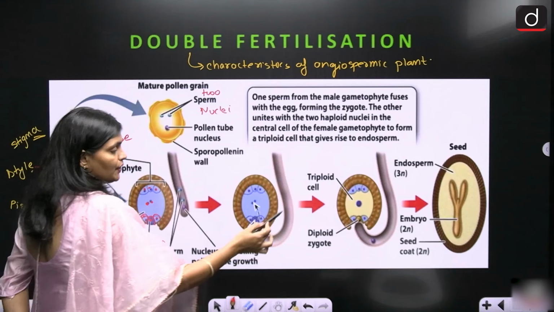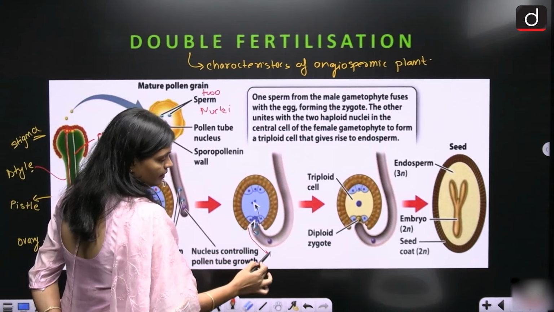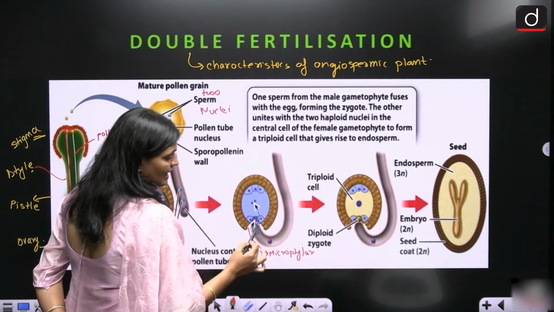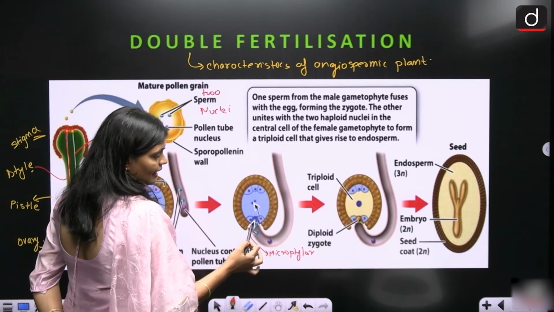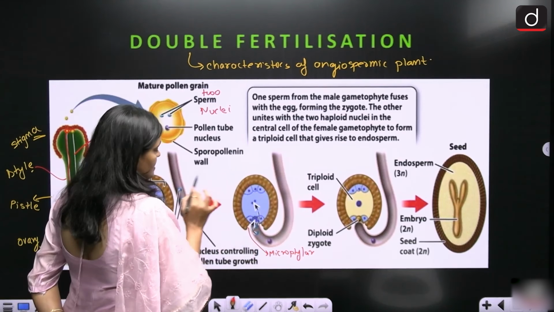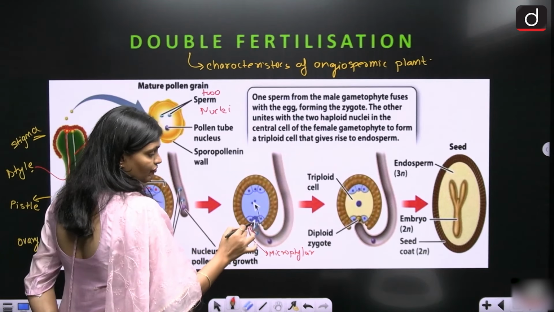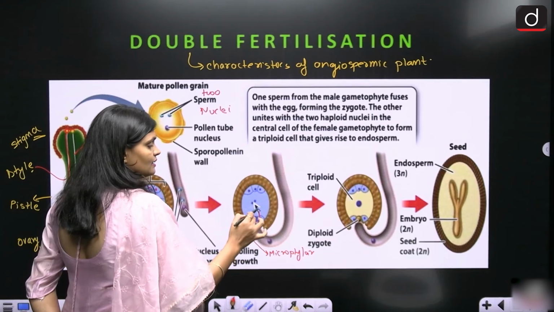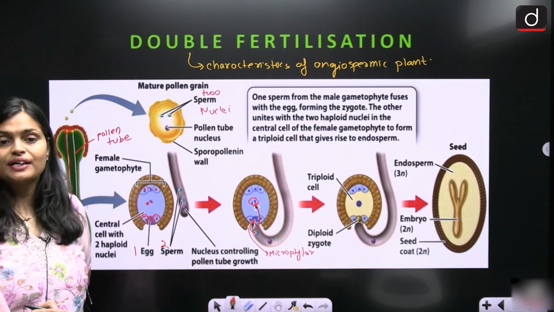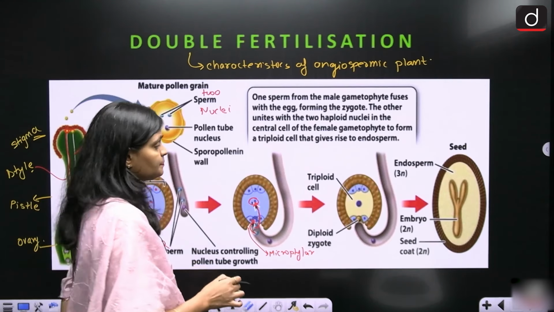Now this pollen tube reaches the micropylar end and through it enters the ovule. Since it has 2 sperm nuclei, 1 sperm nucleus fuses with the egg and the other sperm nucleus fuses with both central nuclei.